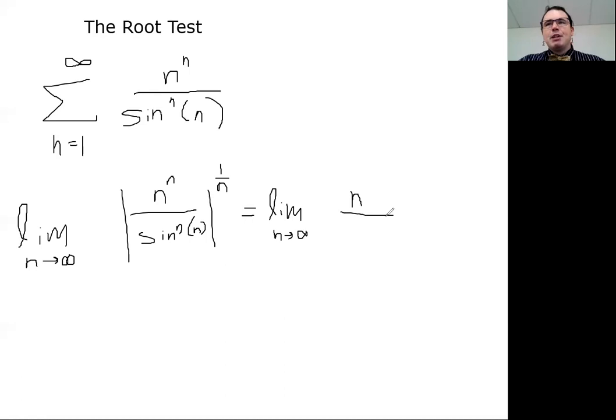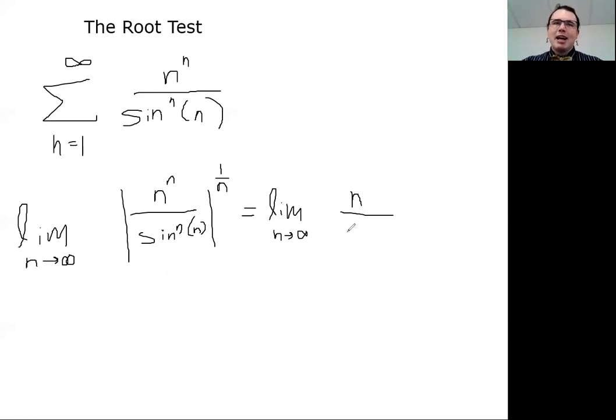Now in the denominator, we get a different story. For the denominator, well, I've got sine to the power n of n. This is our standard way of writing powers of the trig function. So even though it's written as an exponent on the word sin, this is the nth power of that whole function.